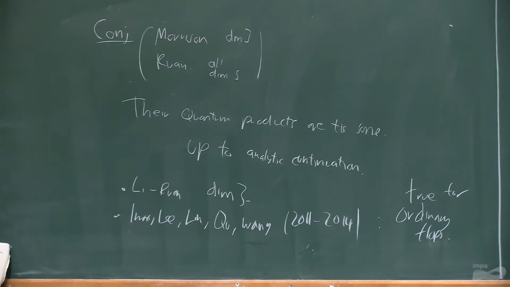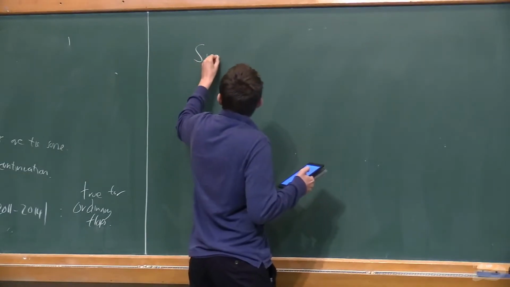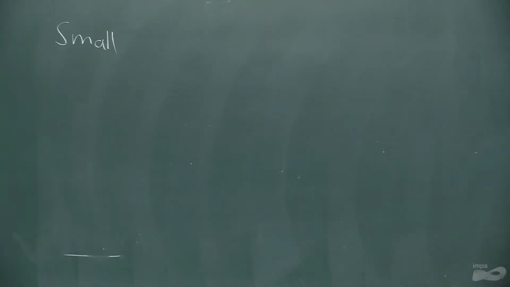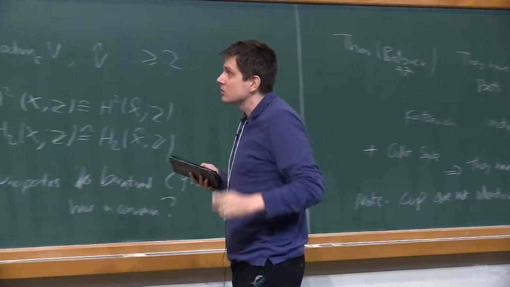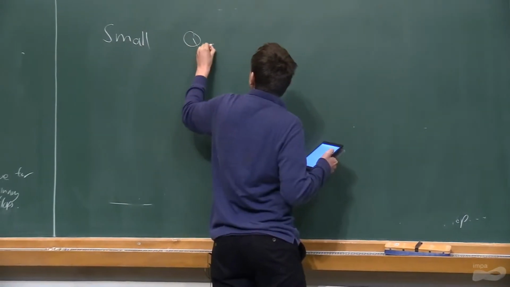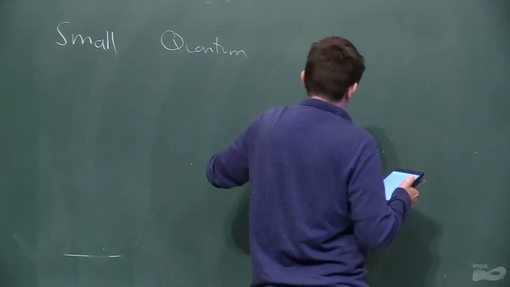So maybe I should remind you what small quantum cohomology is, and I'm also doing this because I want to fix some notation. Even if you know it very well, I'm fixing notation.